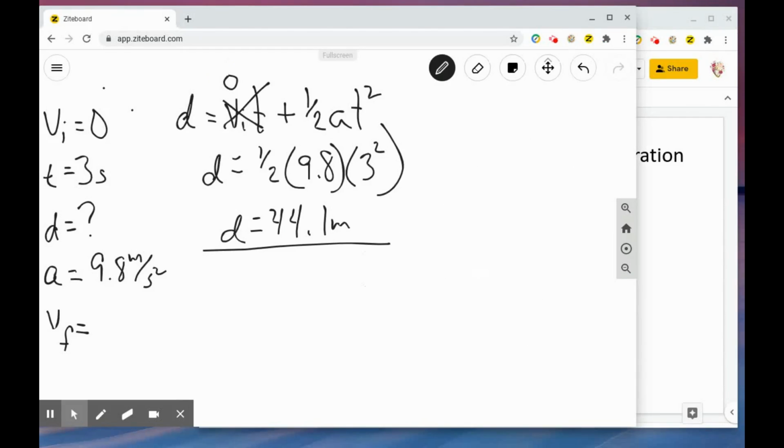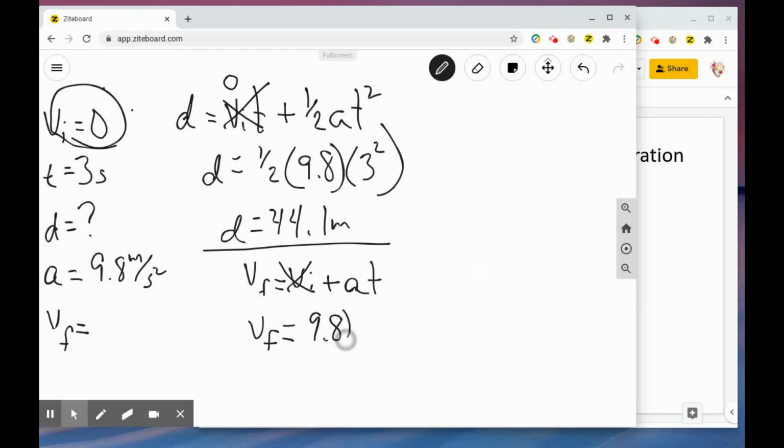And again, VI is 0, so that's going to cancel out. So VF equals 9.8 times 3. So VF will just be 29.4 meters per second.